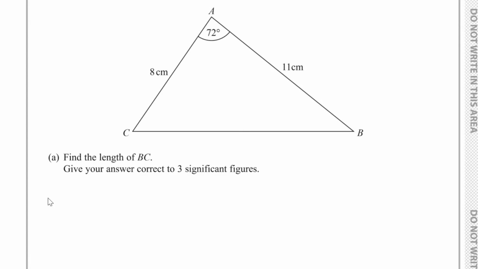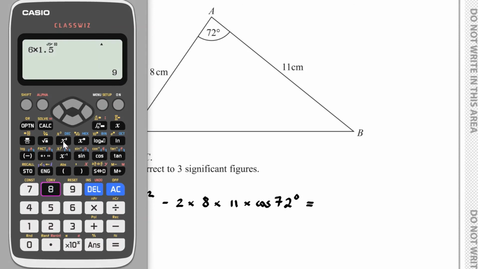Using the cosine rule, BC squared is equal to 8 squared plus 11 squared minus 2 times 8 times 11 times the cosine of 72 degrees.